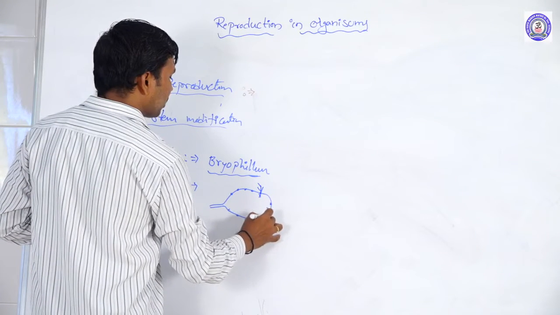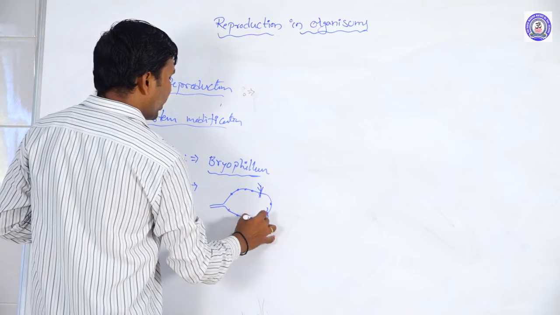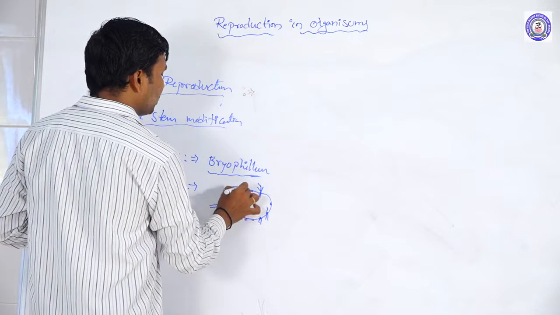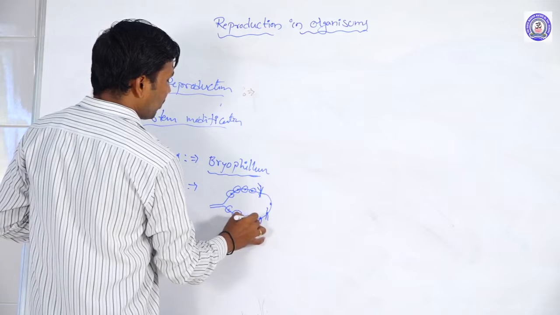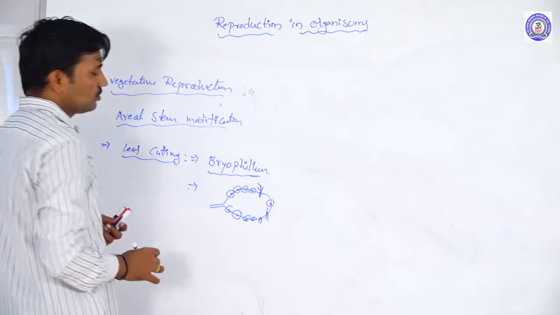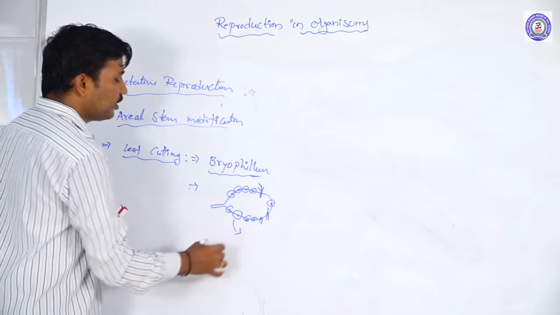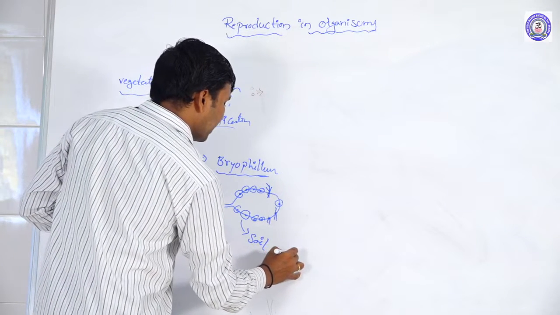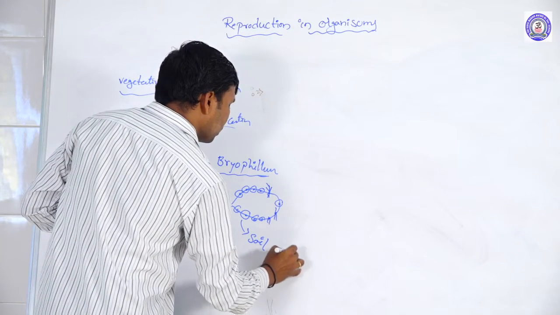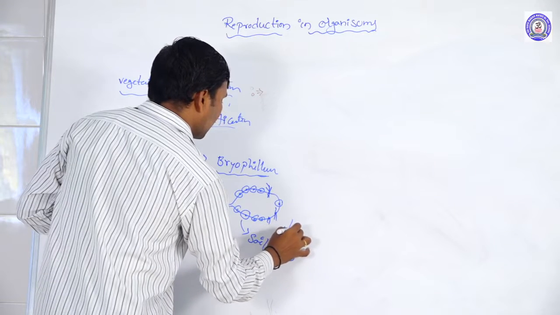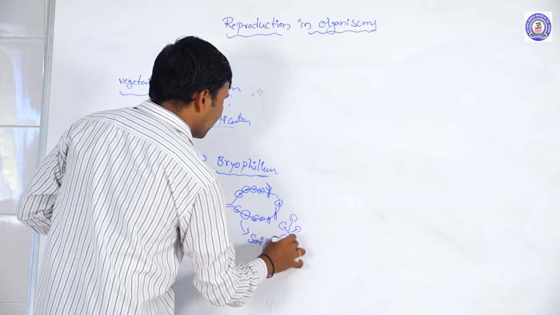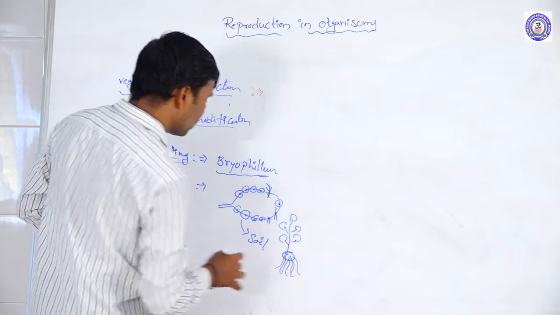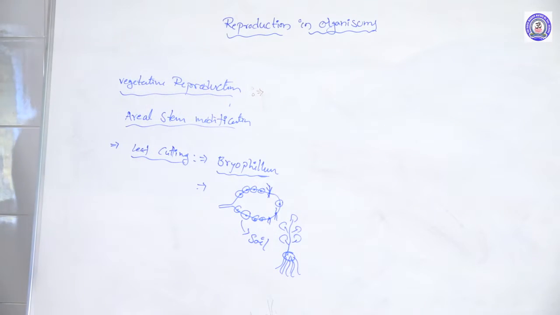Whenever the leaves fall down, or when we cut a certain part of these leafy buds from the leaf and plant it in the soil, each bud develops as a specific new plant. These come under leaf cuttings.